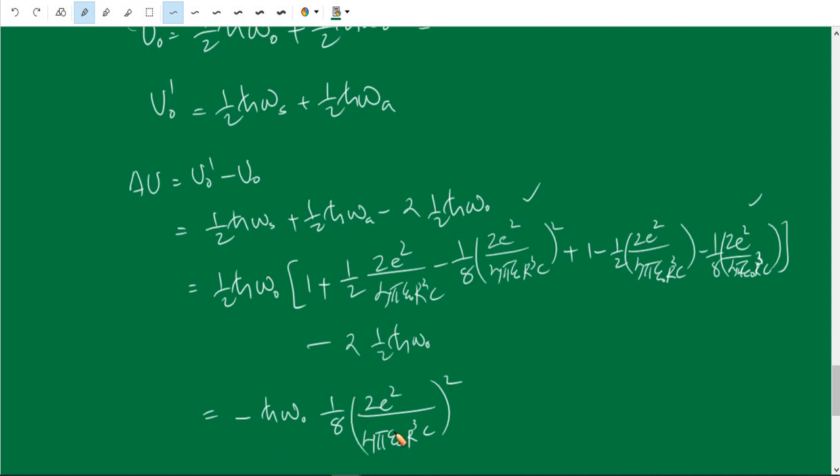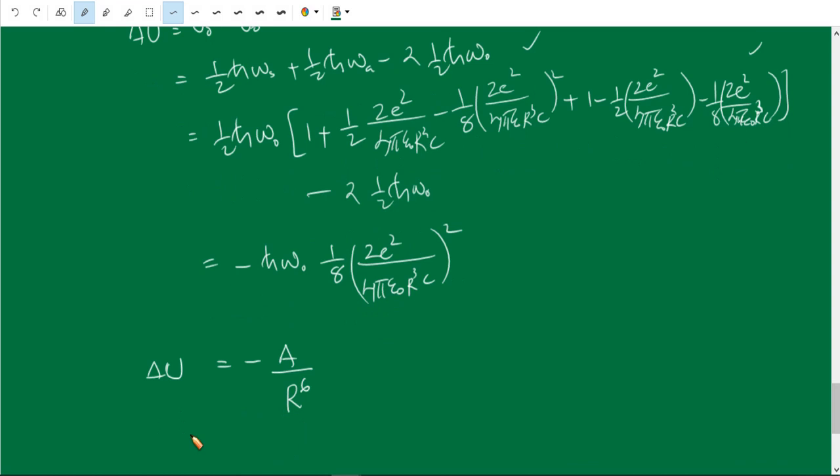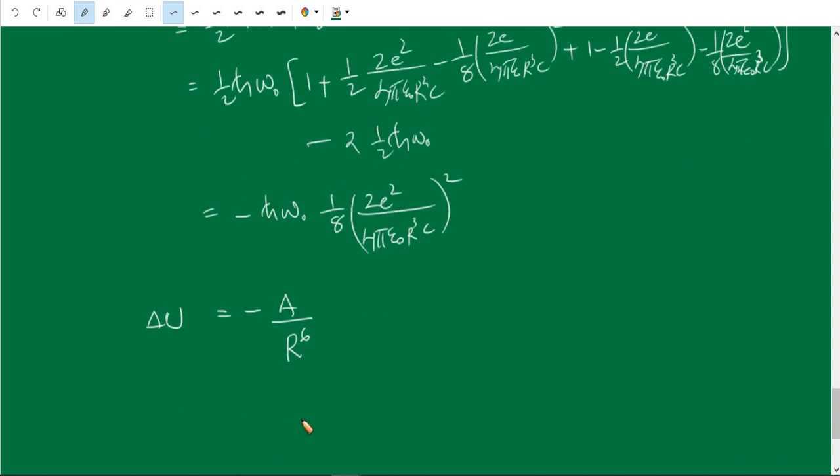So this is proportional to 1 by (r cube) square, that means it is equal to minus A divided by r raised to 6. So delta U, the potential energy change or zero point energy due to the interaction, is equal to minus A divided by r raised to 6.